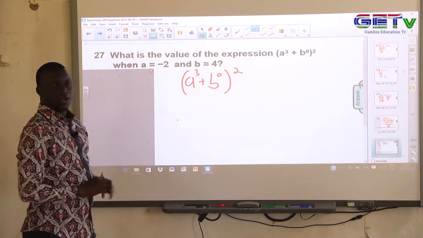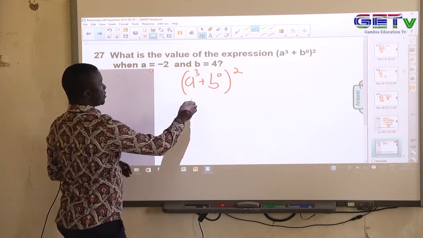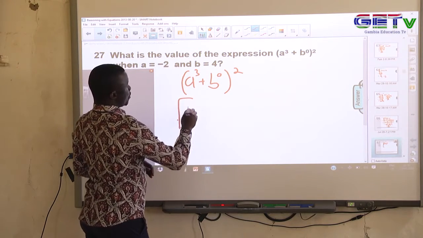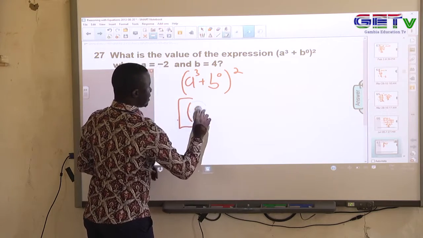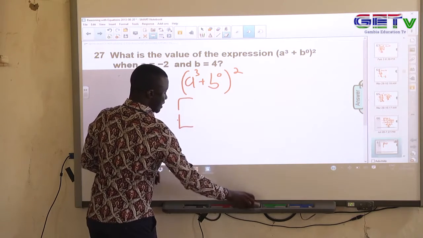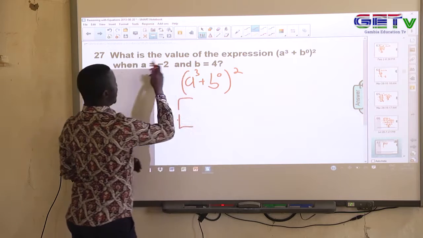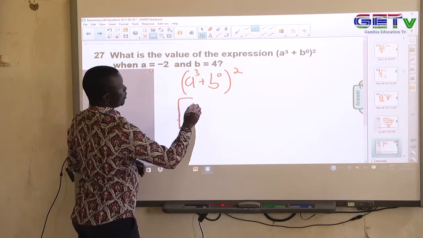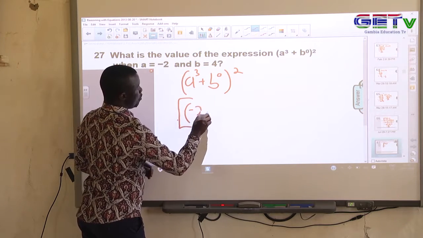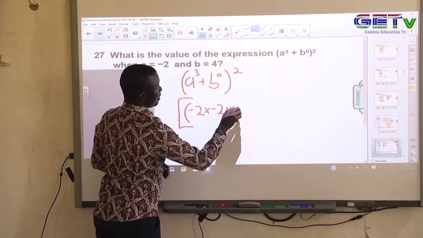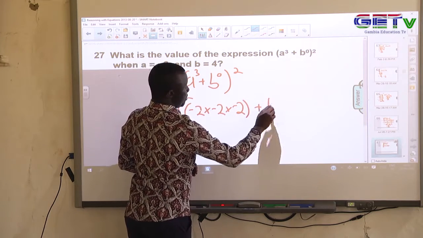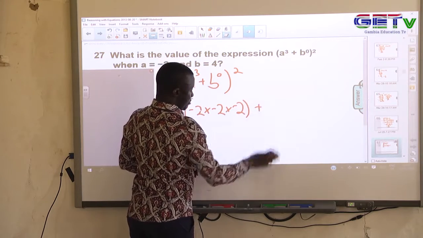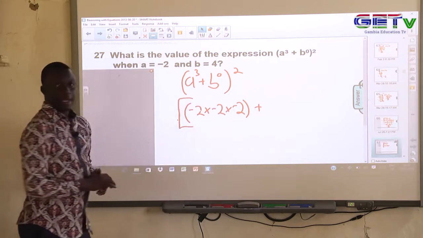Let us substitute the values of the variables given. So a to the power 3 means a times a times a. If the value of a given here is negative 2, so obviously we'll have negative 2 times negative 2 times negative 2 plus b to the power 0 here is 1.